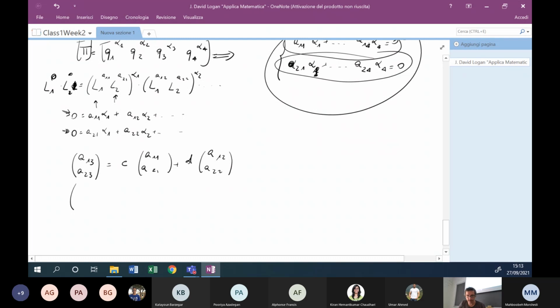And similarly, I can write the column A14, A24 as another linear combination of the first two columns. Here, C, D, E, and G are some constant coefficients.